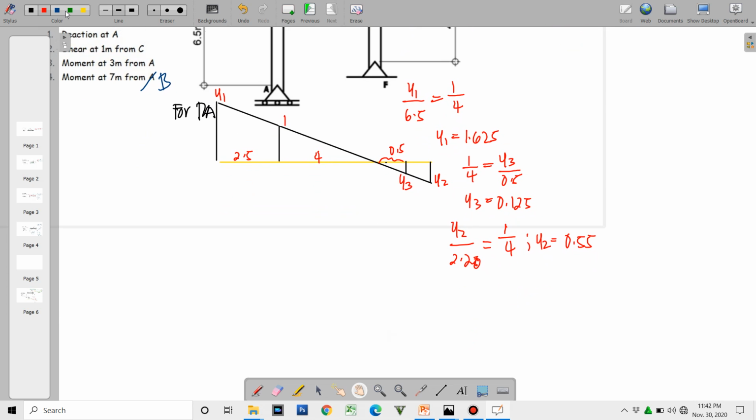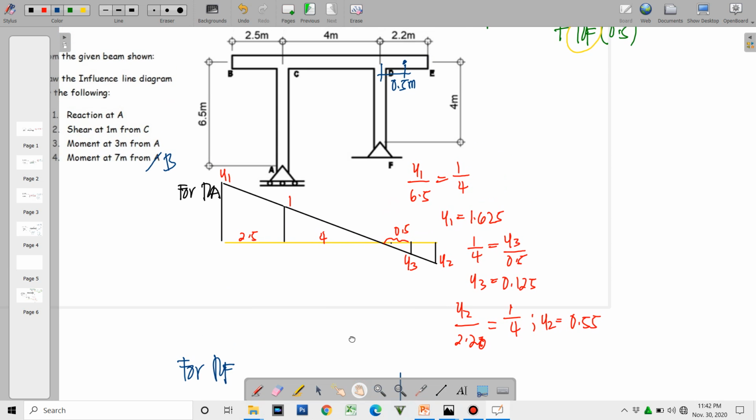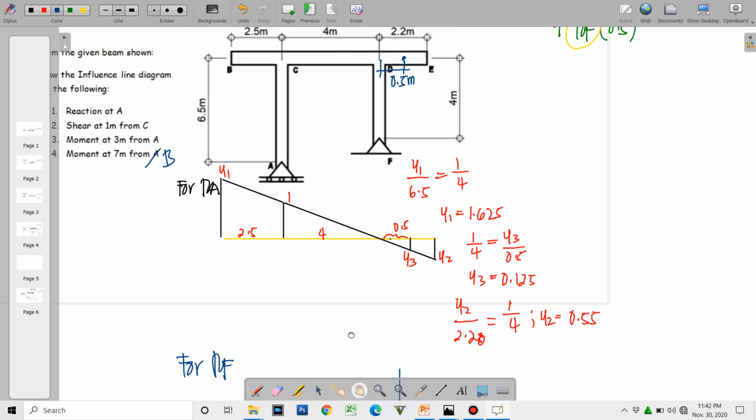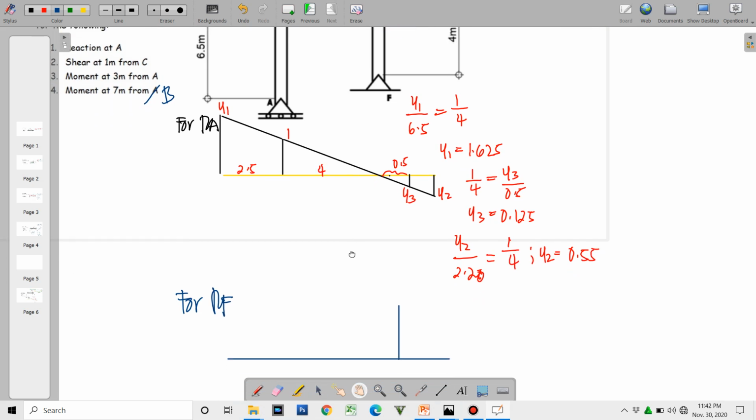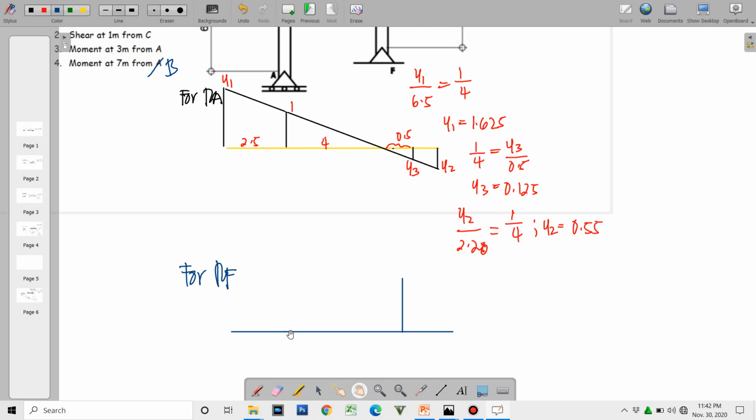So of course, we establish also our ILD for RF. Again, we drew the line here. So we have to allow a 1 unit deformation along F. So this is pinned at this point.